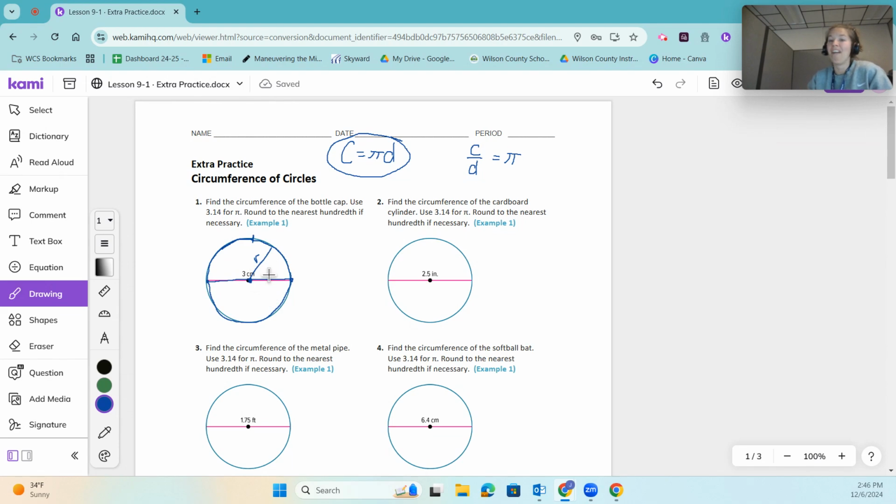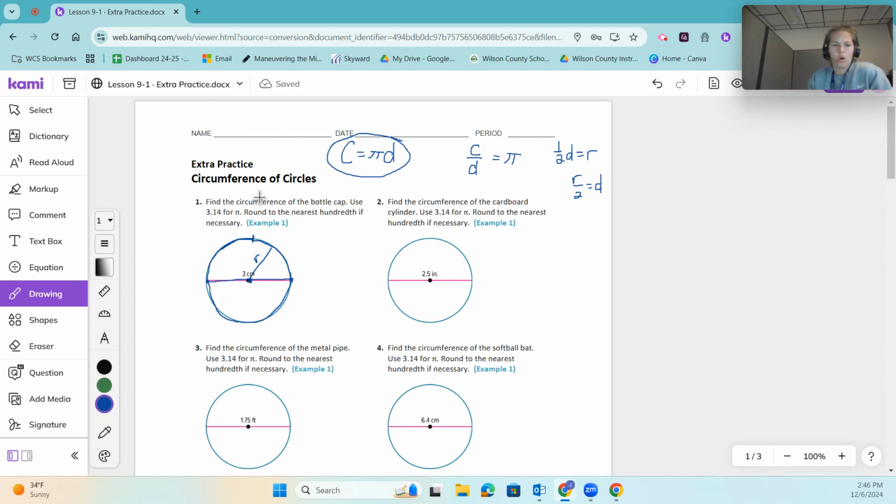So it is halfway across the circle. Okay, so the radius is half of the diameter. Okay, you could also write that as radius times 2 equals your diameter.